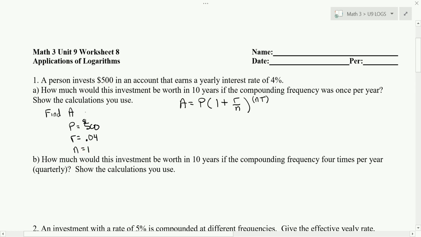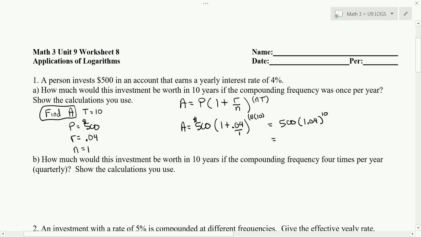And T is 10, because we're going to invest it for 10 years. So plugging that into this formula, we need to find out what 500 times 1.04 to the power of 10 is.